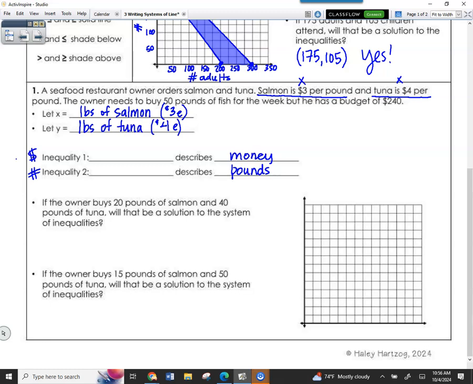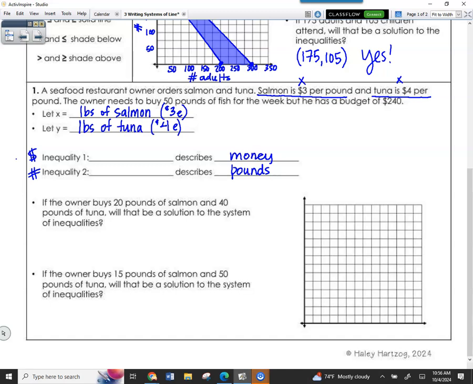It could be equal to, or greater or less? Can he get more than 50 or less than 50? If it says he needs to buy 50, can he get 50?